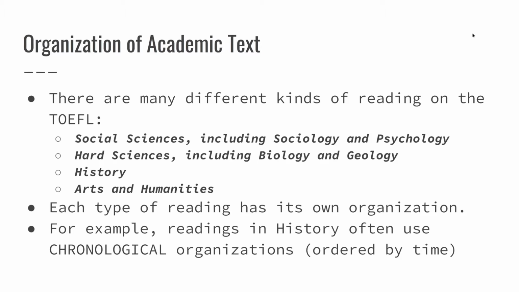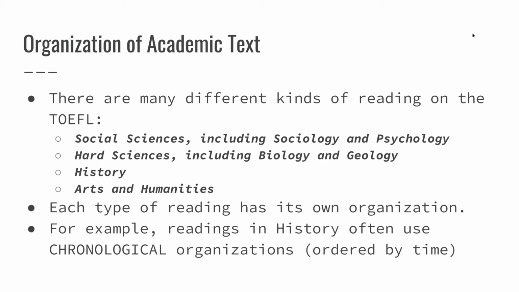Now, what I want us to think about here first this morning is how do we organize reading? How do we organize this information? Each type of reading, for example, a sociology text is probably going to be organized differently from a biology text. When we read things in history, we often use what's called a chronological organization.